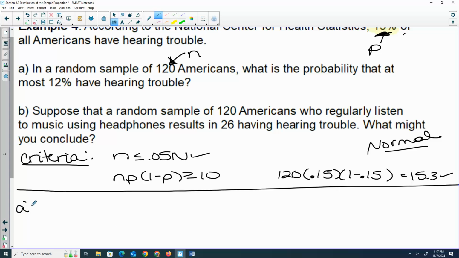So in part A, we want the probability that at most 12%. So if I'm talking about percent, my variable is p hat. At most means what? 12% would be 0.12.